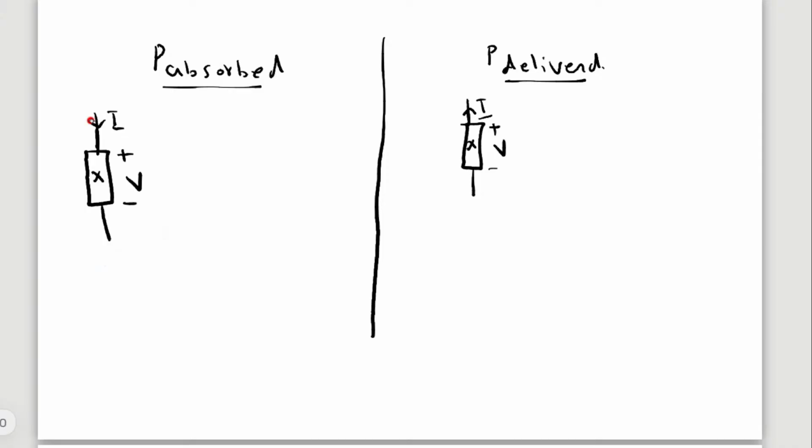Why? Because here current is entering the positive, then here current is leaving the positive, so it's defined as power delivered.